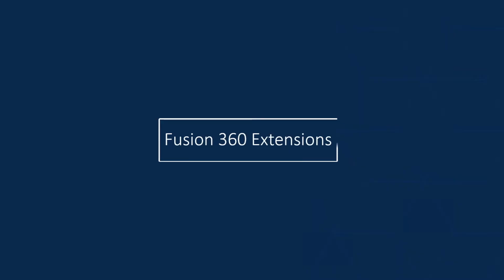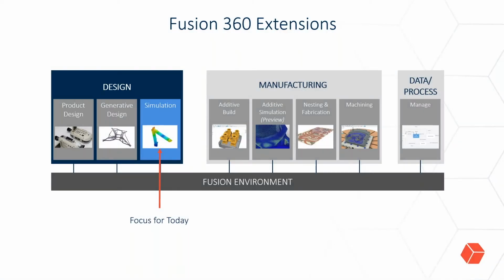So let's talk quickly about the Fusion 360 extensions that are available. Fusion 360 extensions are available in 3 different aspects of your product design and manufacturing cycle, or timeline, if you want to call it that.